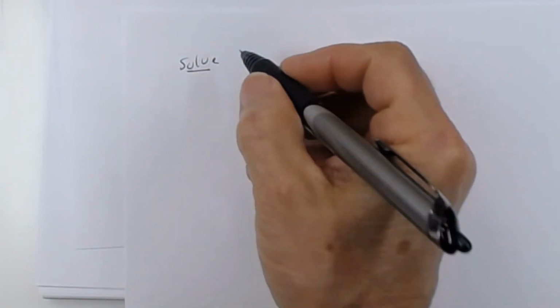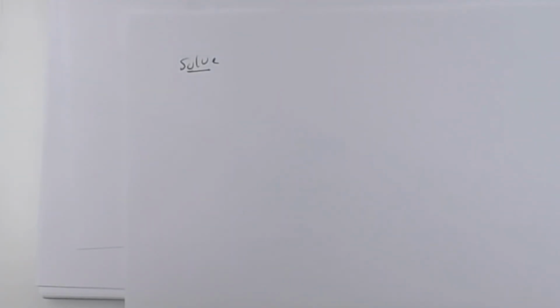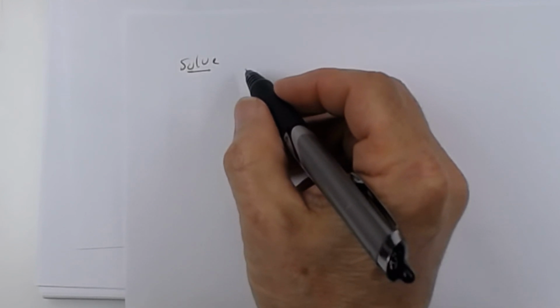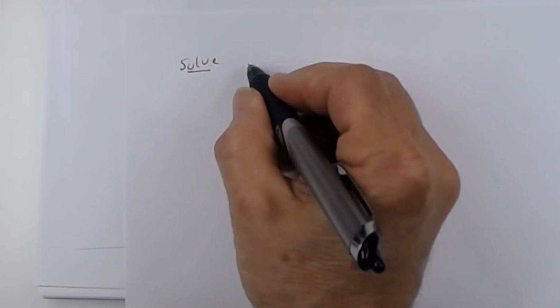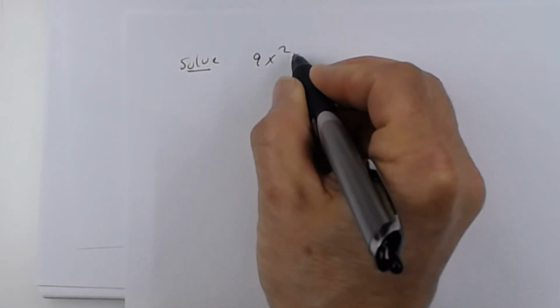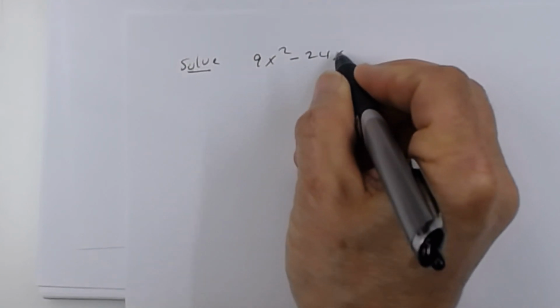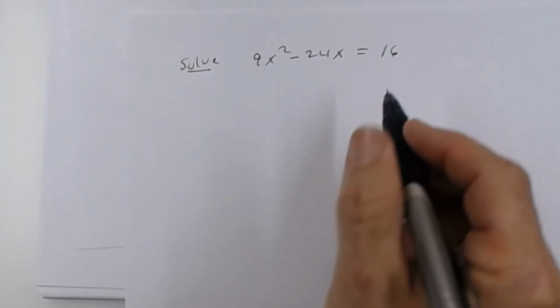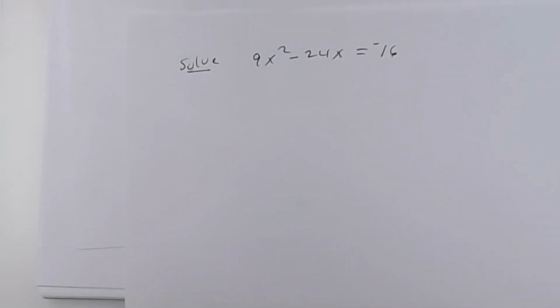Solve this equation. 9x squared minus 24x equals negative 16. All right. So we're solving this time.